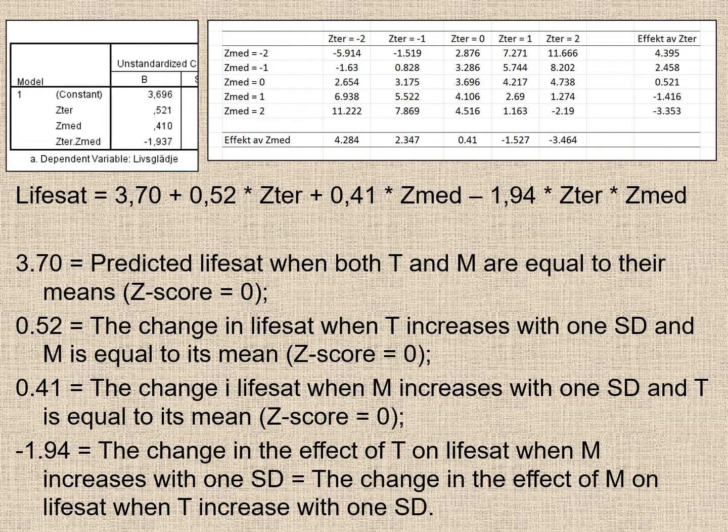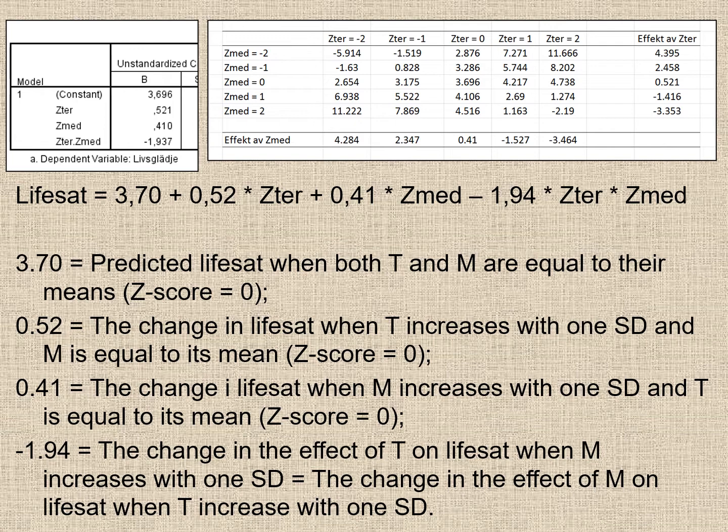Which in this case means that you receive an average level of medicine. If you receive an average level of medicine, your standardized value on medication is 0, then every increase in therapy by 1 standard deviation, because that's what it means, is associated with an increase in life satisfaction of 0.521 points on the scale from 1 to 7.